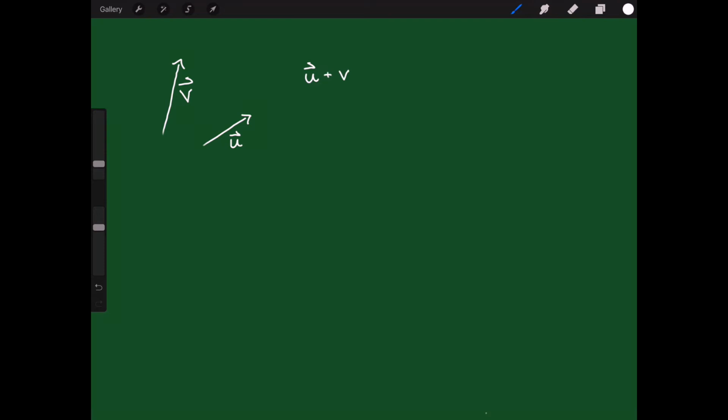Then what if I wanted to add those two vectors together, and I wanted to talk about u plus v? What we typically do when we add two vectors together is I take one of them, u in this case, and u looks like this. And I have v that looks like this.